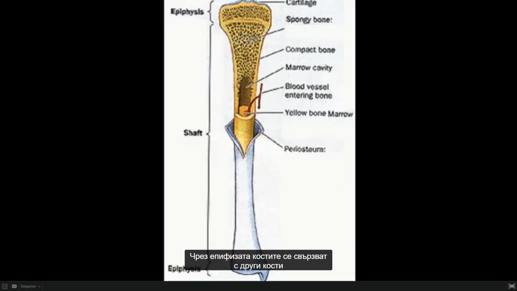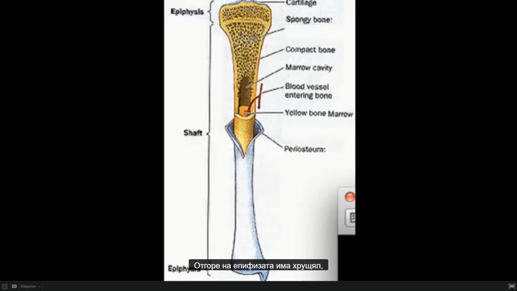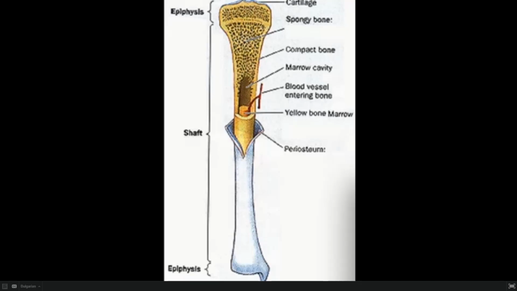Through the epiphysis, you connect each bone to another one in a joint. Then, on top of the epiphysis, you may see you have a cartilage. Then you have a spongy bone, and then starts the hole in your tubular bone, where your bone marrow is placed.